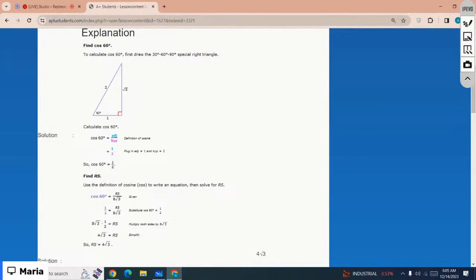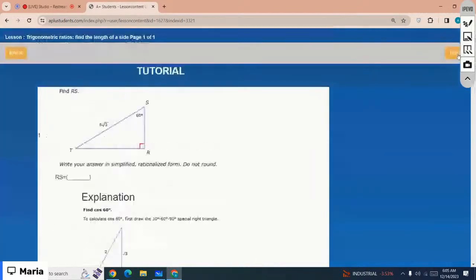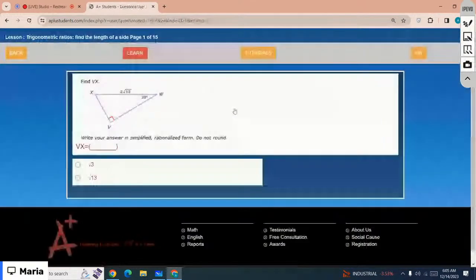Okay, let's start with the practice questions. The first one is find Vx. You are given the triangle, that is the special triangle 30, 60 and 90.